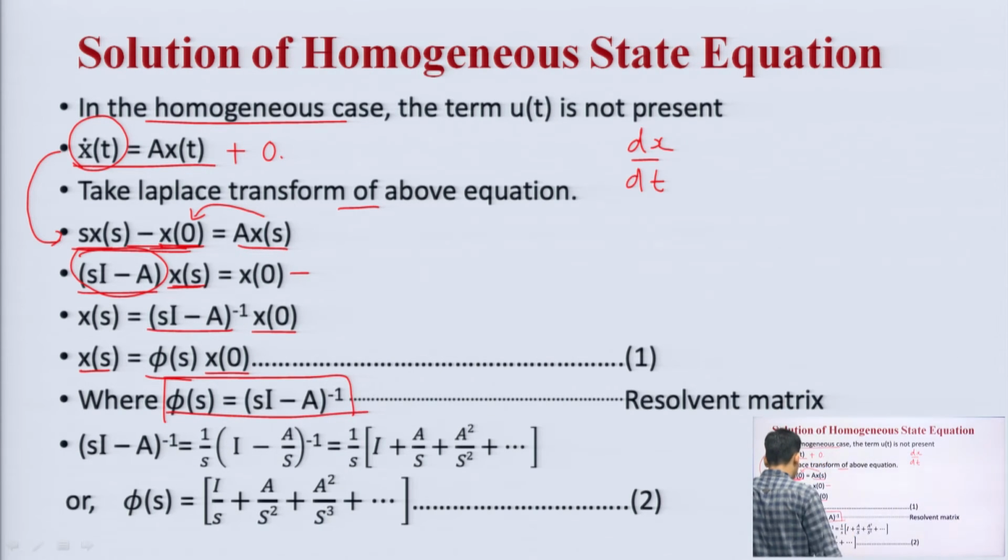So, (sI minus A) inverse, if I expand this expression, gives me 1 over s times (I minus A over s) inverse, and this would be the expansion of this series. Then phi(s) would be given by this expression, because A is your matrix, so my first element is the identity matrix instead of 1.